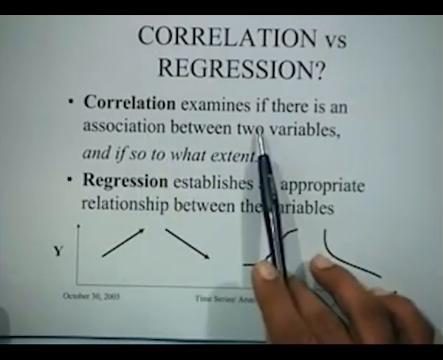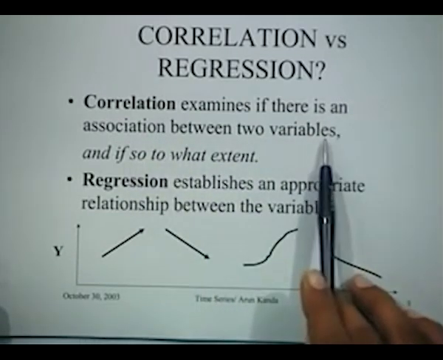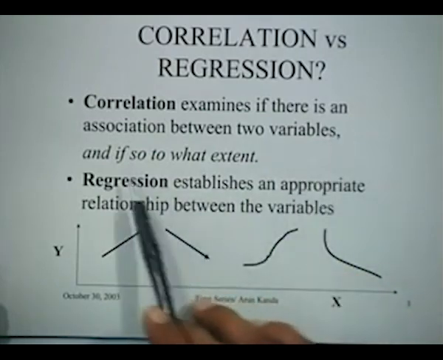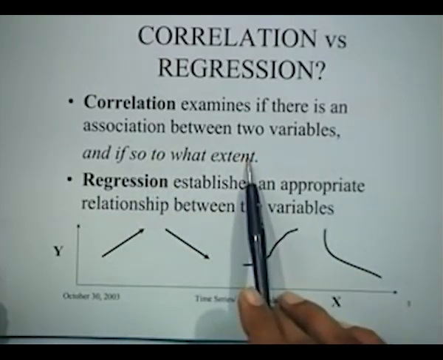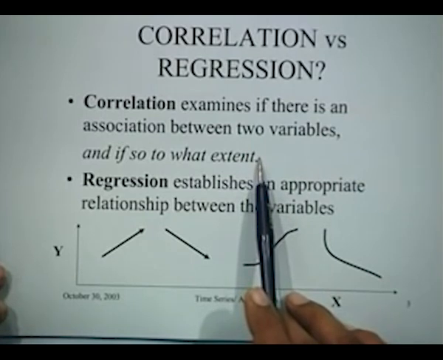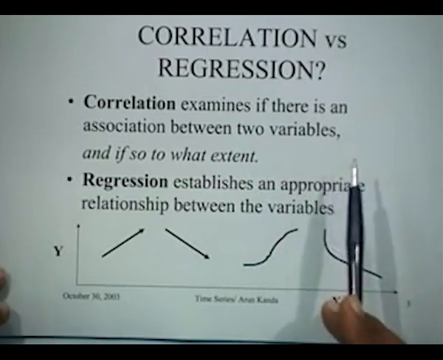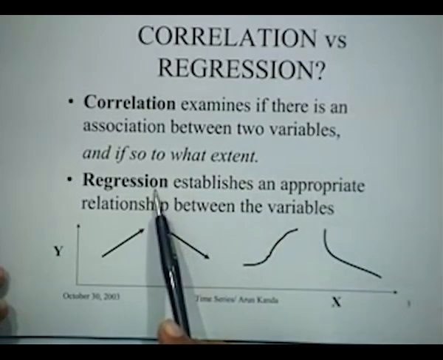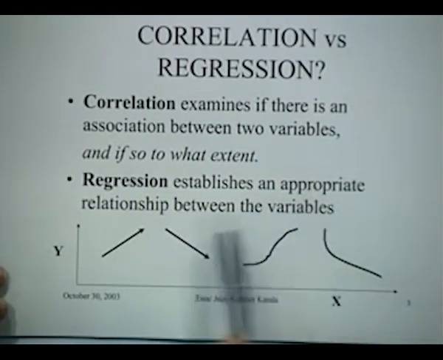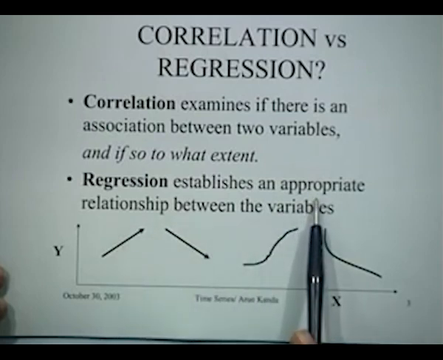Correlation examines if there is an association between two variables, and if so, to what extent. So that is what the correlation coefficient measures, the degree of association between two variables, if at all there is any.